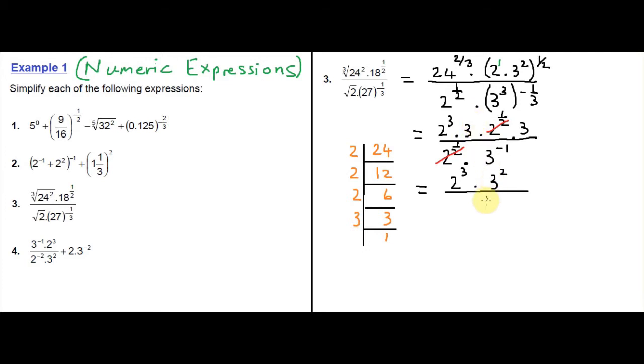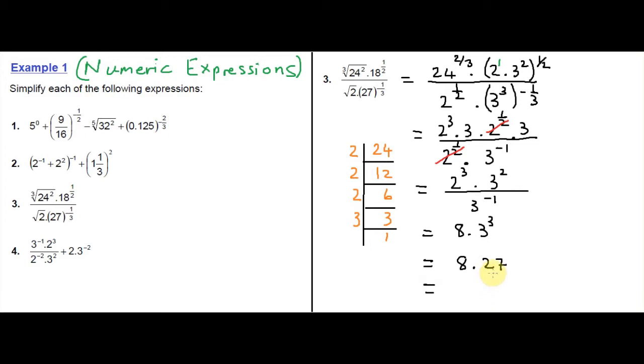Adding the powers. Of course, 2 cubed is 8. And we can subtract the powers of the 3's. So 2 minus 1 is 2 plus 1, which is 3. And we get 8 times 27.